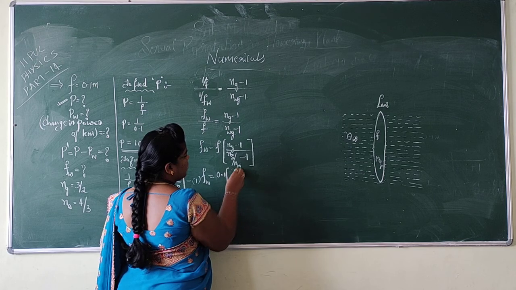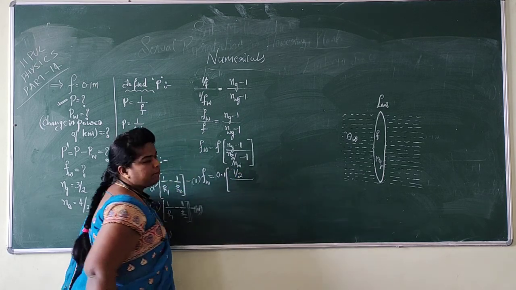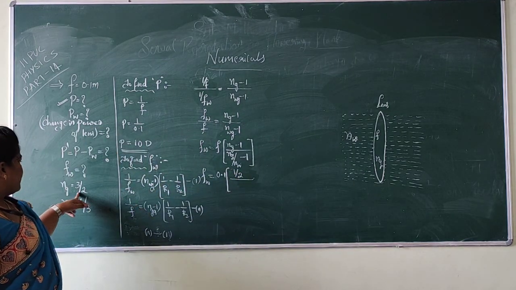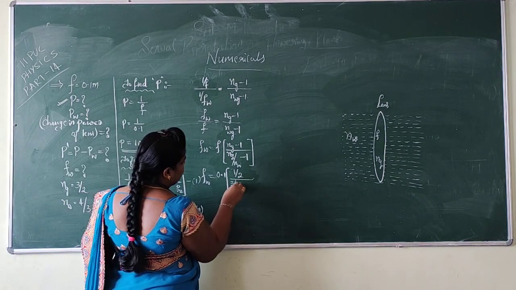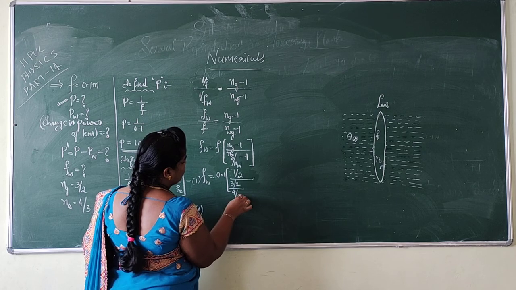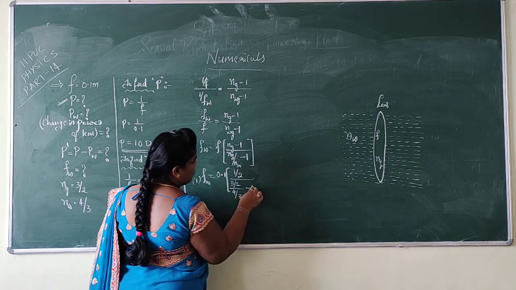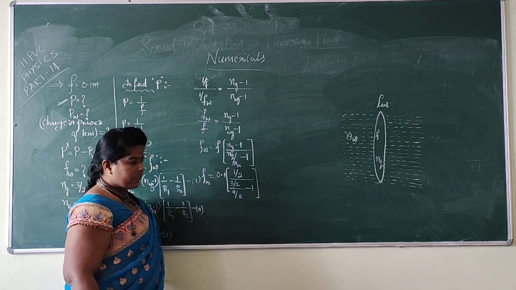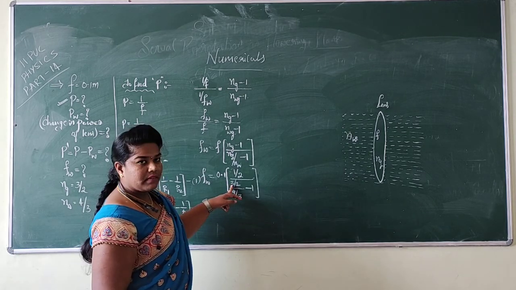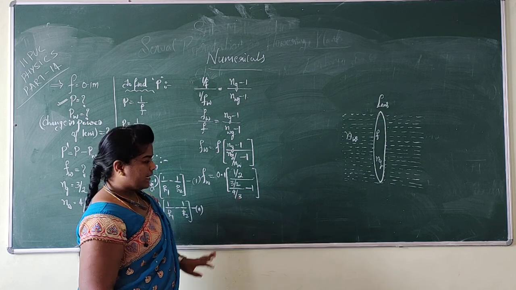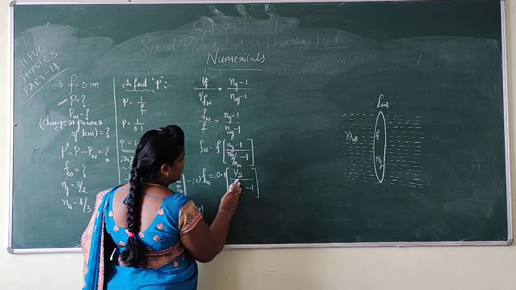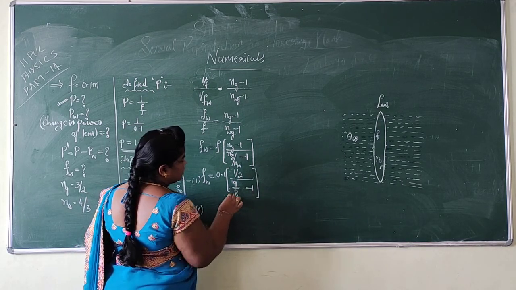So it becomes 1 divided by 2 whole divided by Ng by Nw. Ng is 3 by 2. This one is 4 by 3. 3 by 2 divided by 4 by 3 minus 1. See my dear students, please be careful. Here in this case you will get 9 by 8. Correct? You will get 9 by 8.